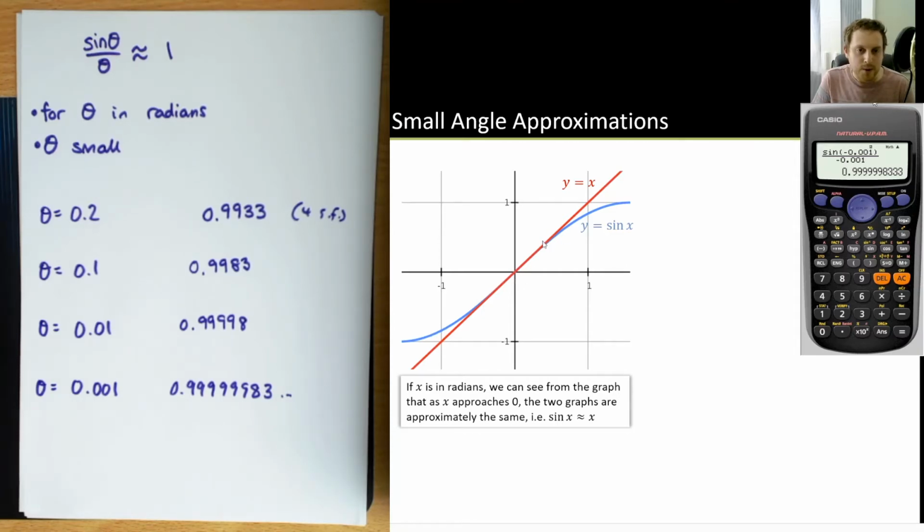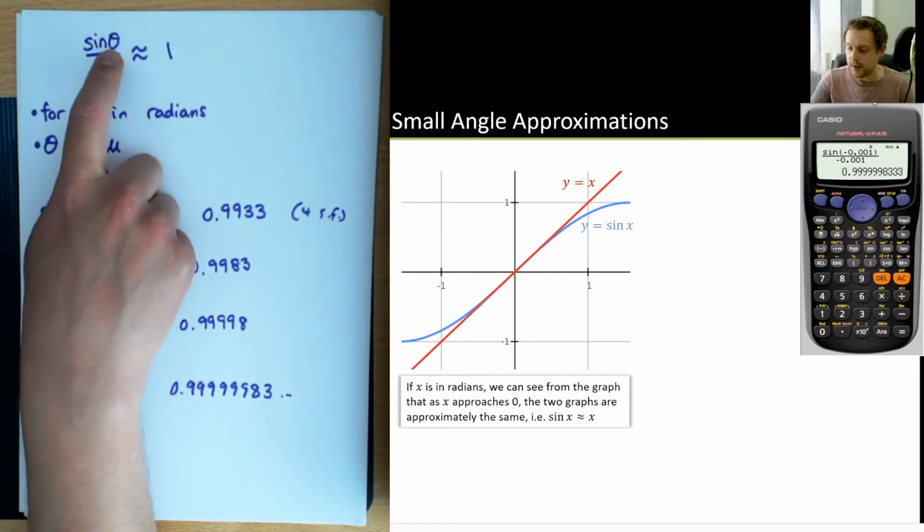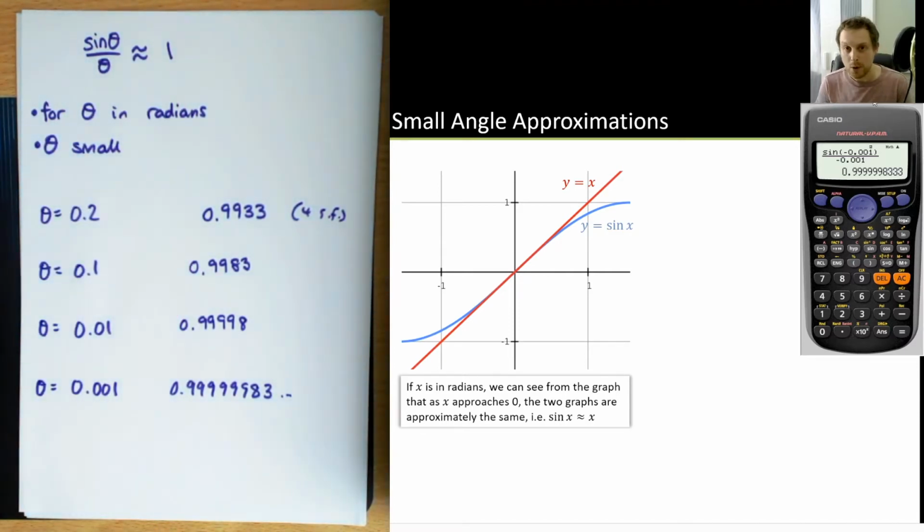Now the graph y equals sine x is never truly a straight line anywhere, but through the origin, if you kept zooming in, it would get closer and closer to the line y equals x. That's just a manifestation of this: if you look at sine theta and compare it with theta, when theta is very small, both these things are converging to the same thing.